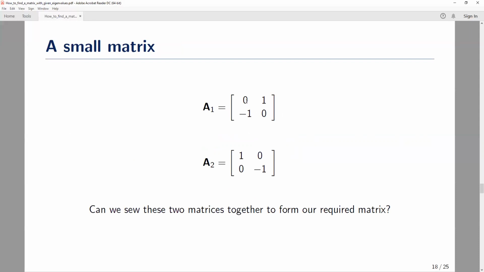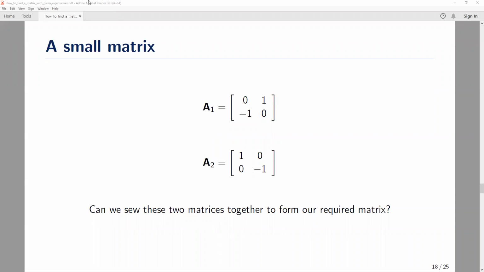For i and minus i, you can observe that the matrix with rows 0, 1 and minus 1, 0 works. Why? Because if you compute the determinant of A minus lambda I, you will get lambda squared plus 1, and lambda squared plus 1 equal to 0 has solutions i and minus i. So this works. This is in fact a rotation matrix by 90 degrees. But let's not go into the geometry of that.